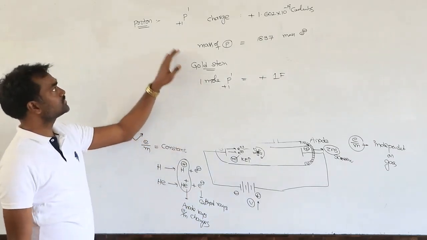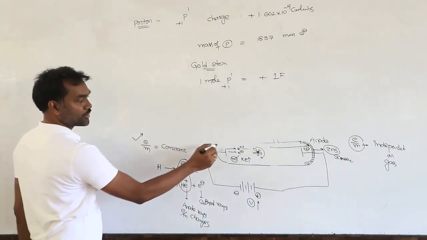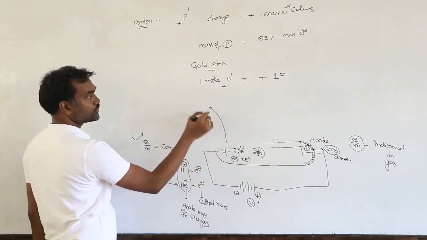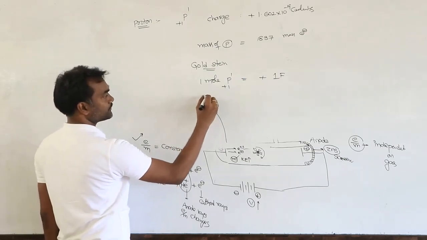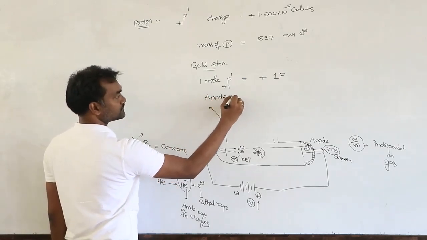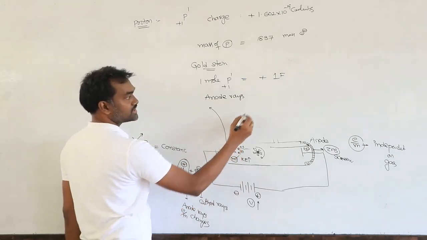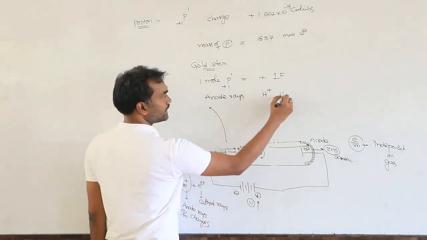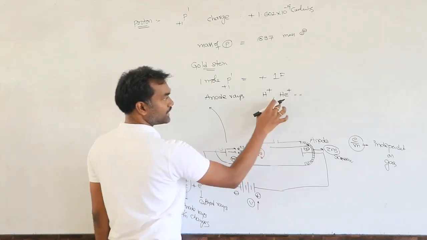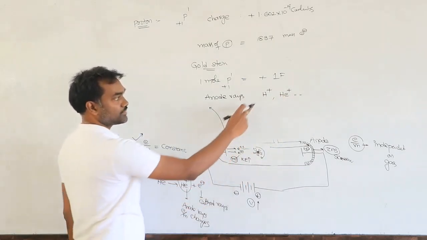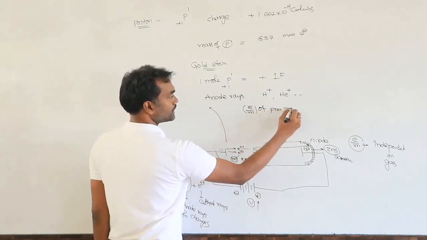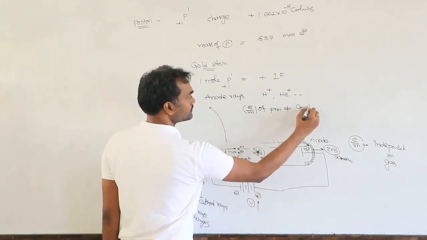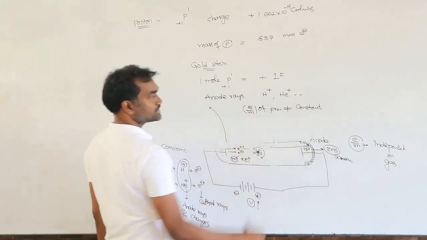These are also observed in the electron discharge tube only. In the same discharge tube, protons are available, but they are called anode rays. We already saw H plus and helium plus coming in the discharge tube, so their masses change.